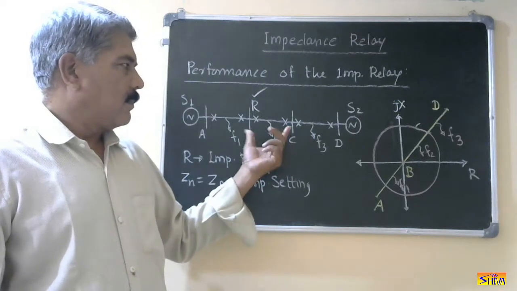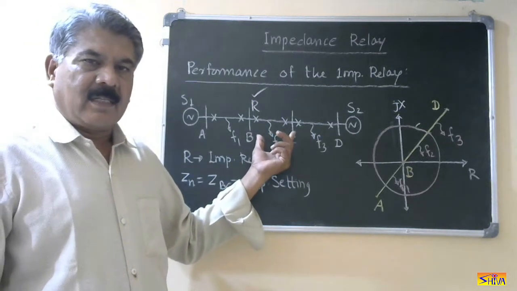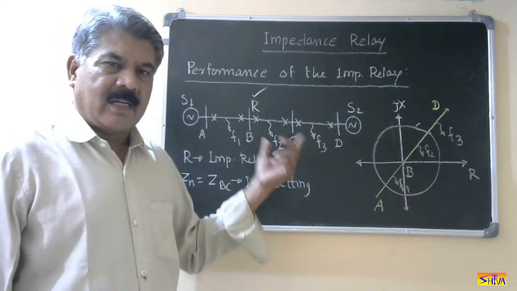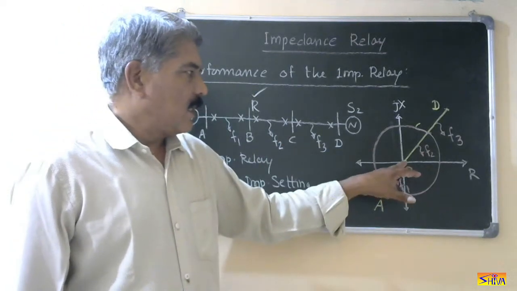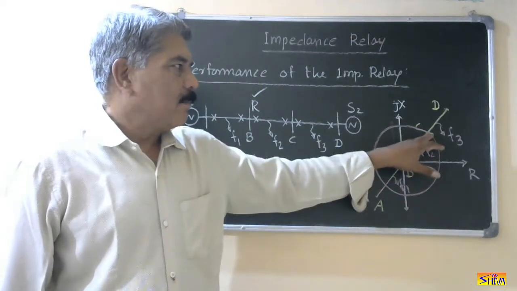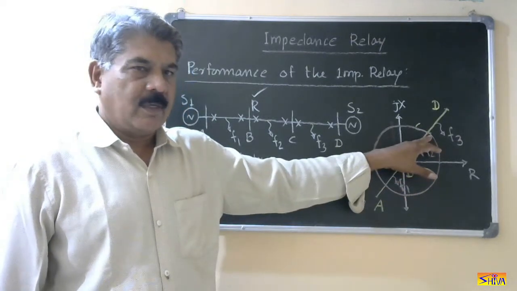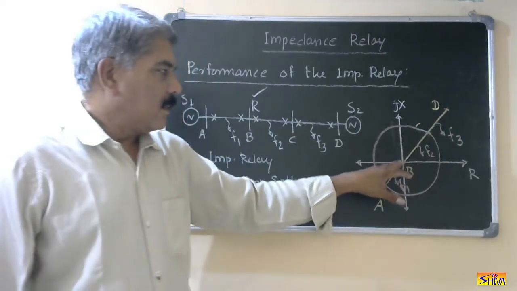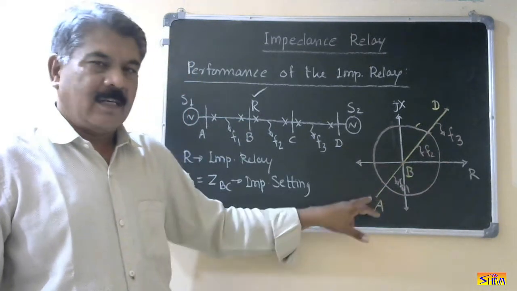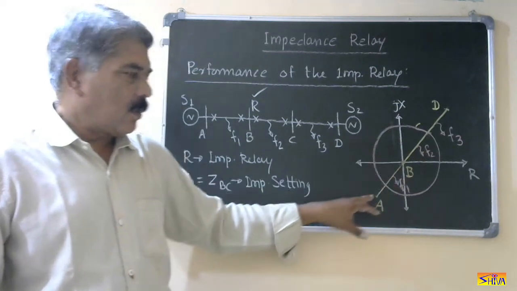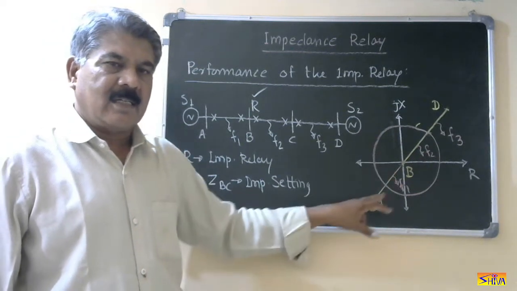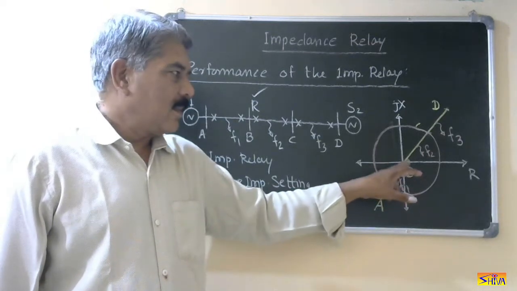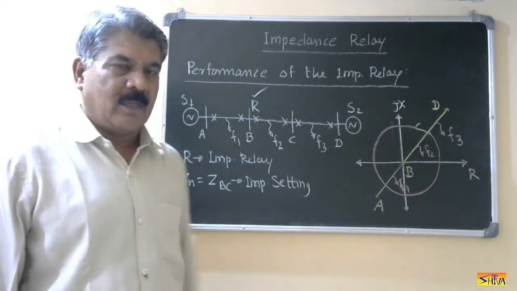Consider BC. So impedance is ZBC. This will consist of resistance RBC and reactance XBC. So let us say this is the impedance BC from this point up to this point. Then this is impedance CD. This is the impedance of line AB. Now this does not mean that this line has negative resistance and negative reactance. It simply means this line is before the location of the relay.